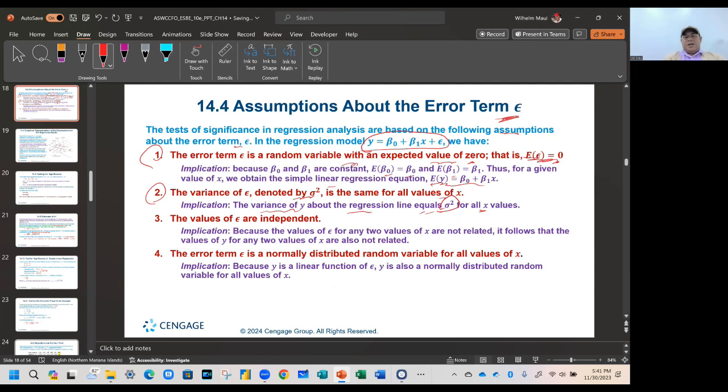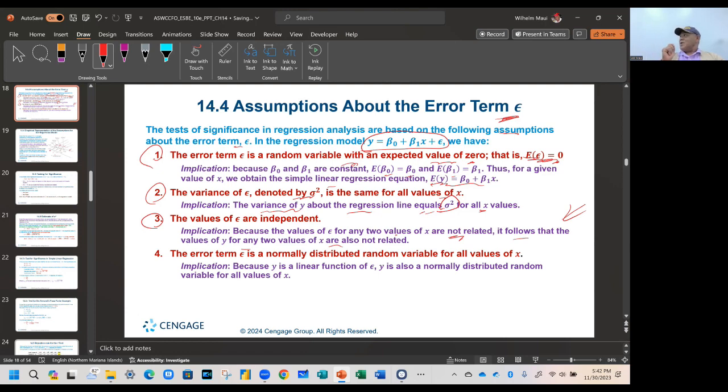And then the third assumption is that the values of E are independent. The implication being that the values of E for any 2 values of x are not related. It follows that the values of y for any 2 values are also not related. To make sure that this is the case, remember in the beginning of the class we said that when you select the cases, your observations, you always want the selection to be random.